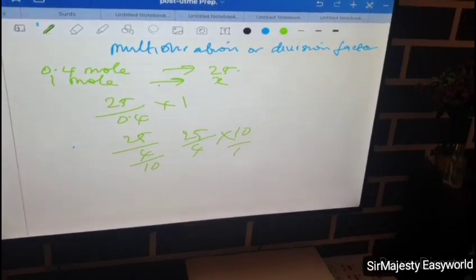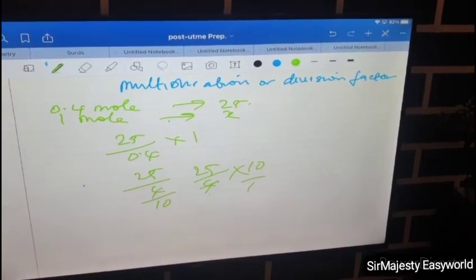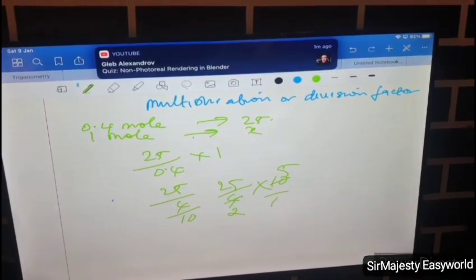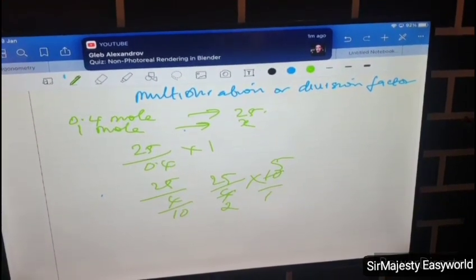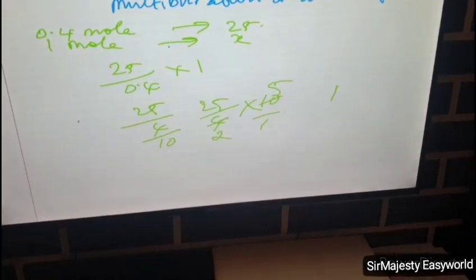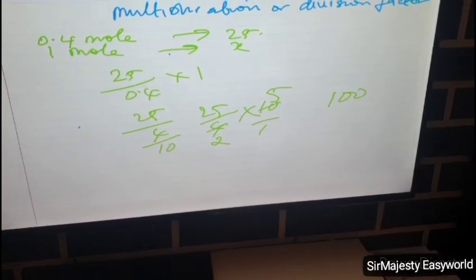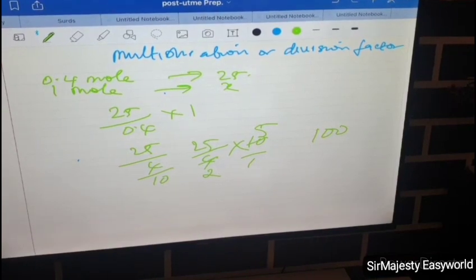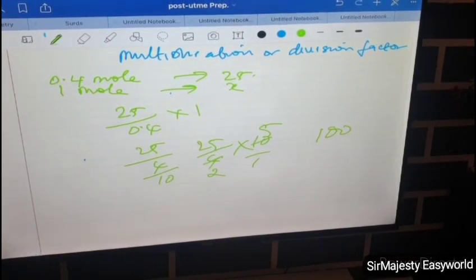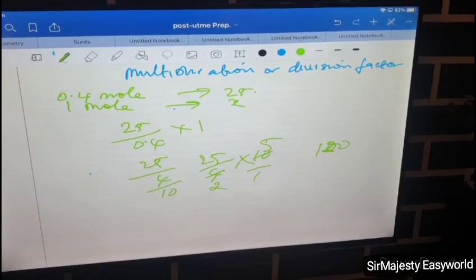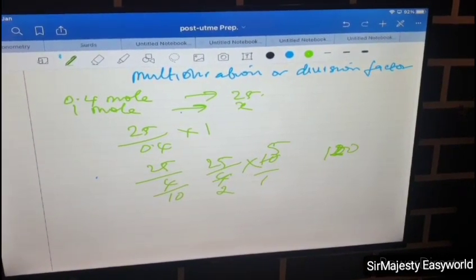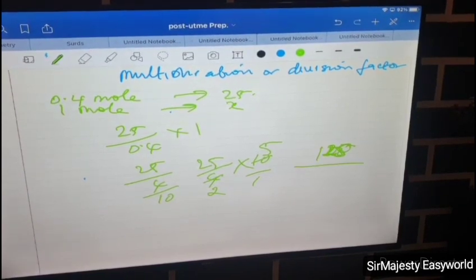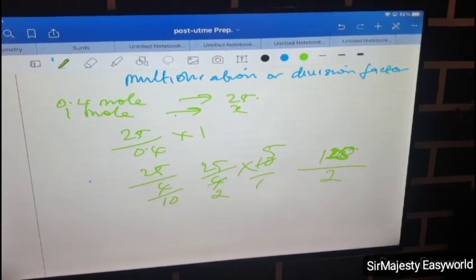So in that aspect, we have 4 here, we have 2, this is 5. So we now have 25 by 5, which is 125, not 100. It's 125, and divide by 2.